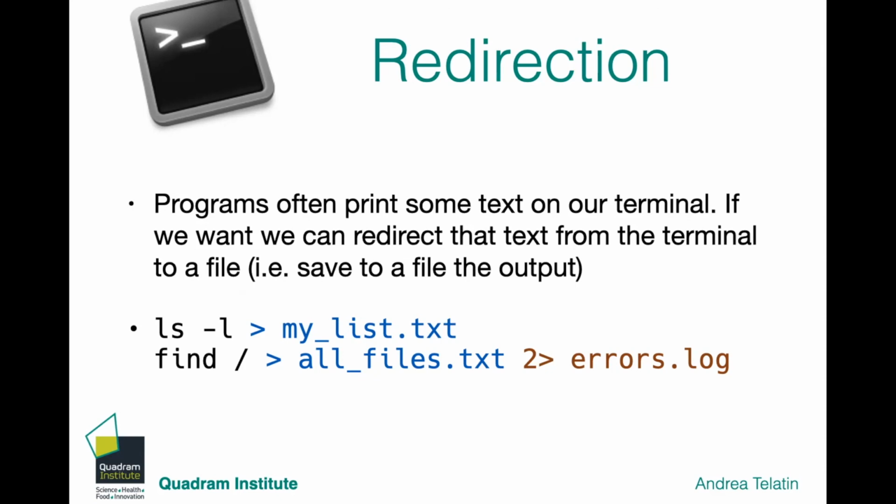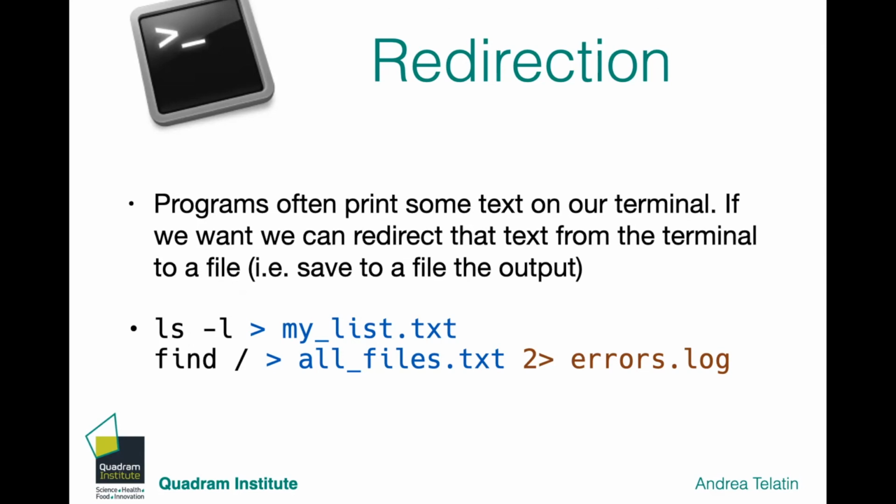If for some reason I want to save that output, I can use the greater than operator and then redirect the output to a new file that will be created. I will not see anything because that's exactly what redirection means. The characters, instead of flowing to my terminal, will be printed in a new file. The warning is, if you specify a file that already exists, it will be overwritten.